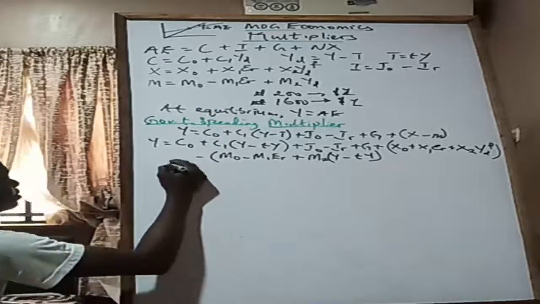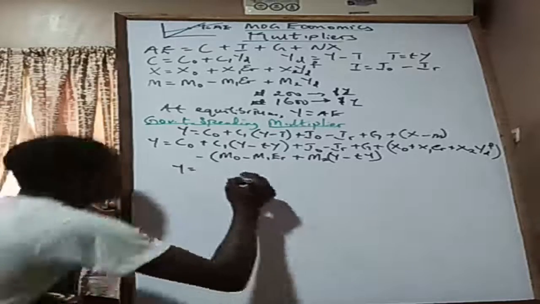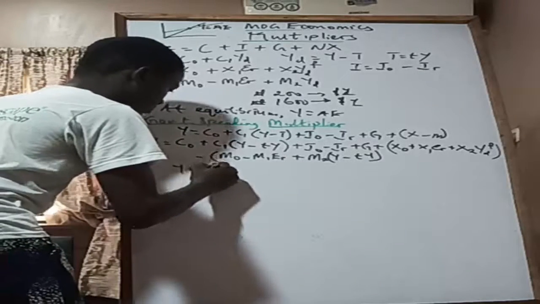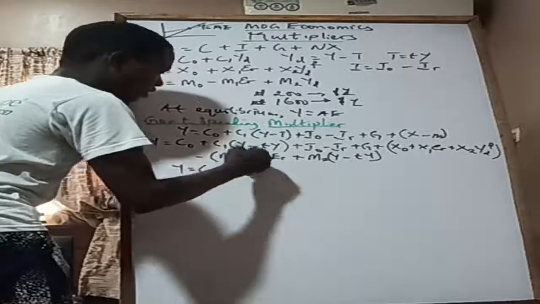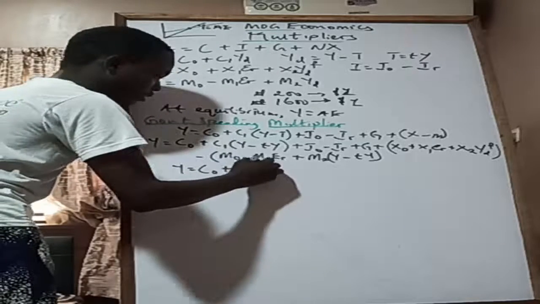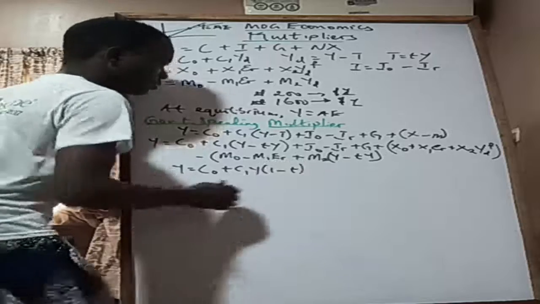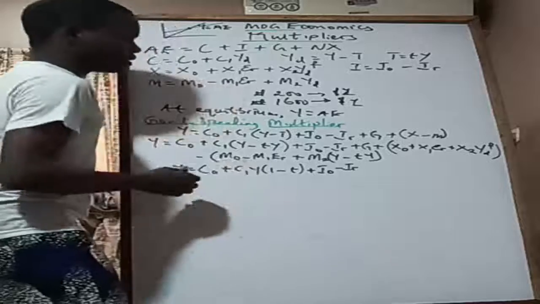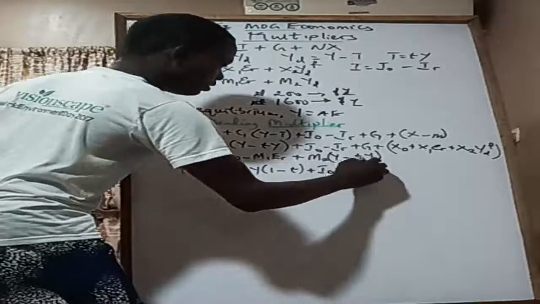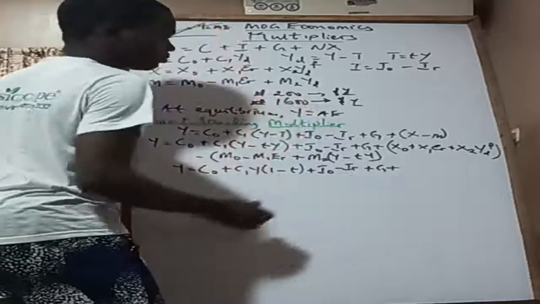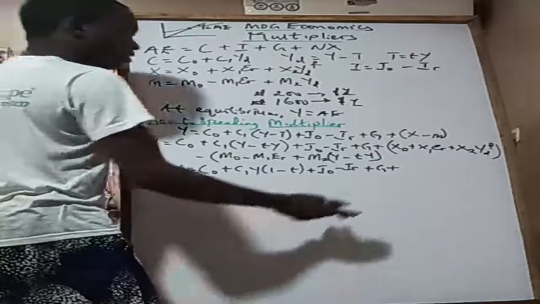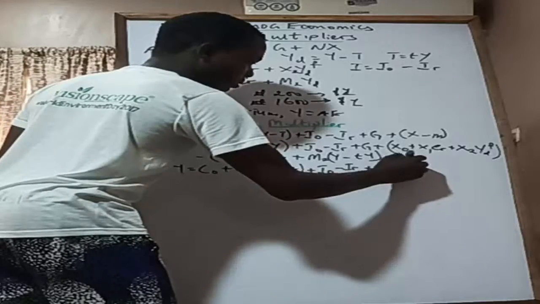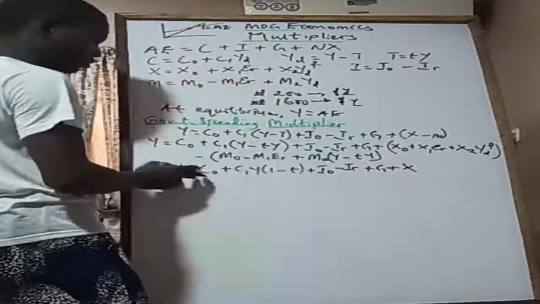So if we proceed from here, Y equals C naught plus C1. I could collect Y out. So if I collect Y out, I have Y times 1 minus T, then plus I naught minus IR, then plus G plus, okay, everything here is just X. So let me just still denote this as X, not to waste our time. Then it is a minus.